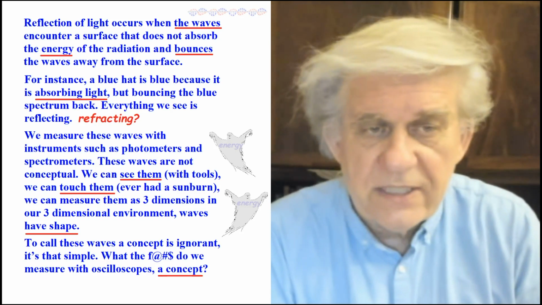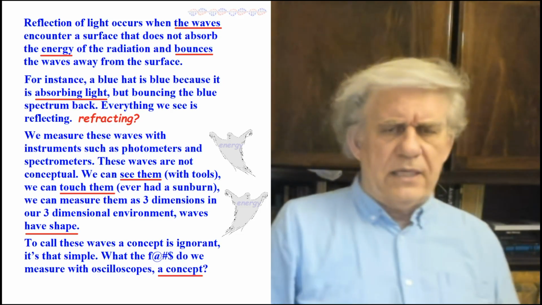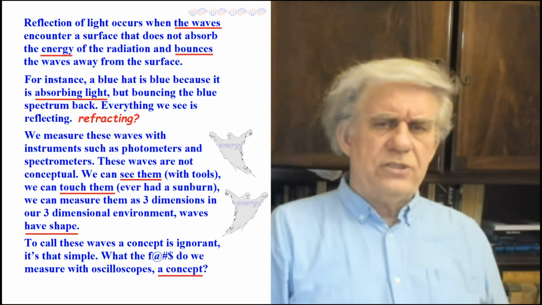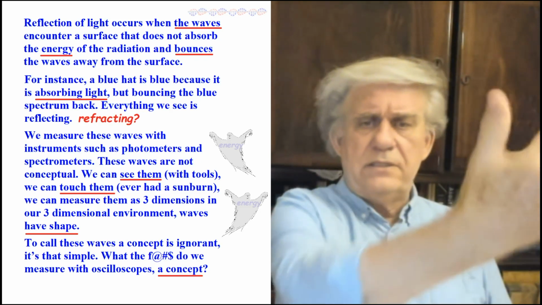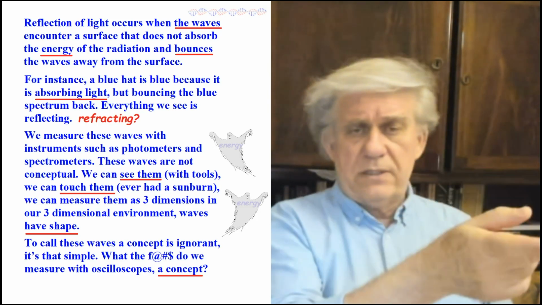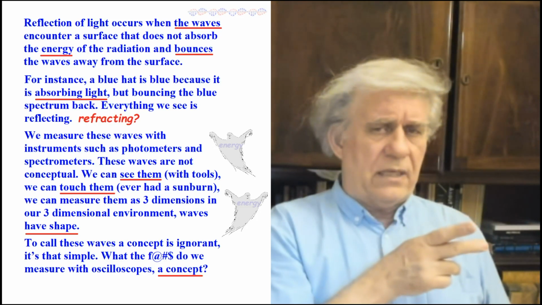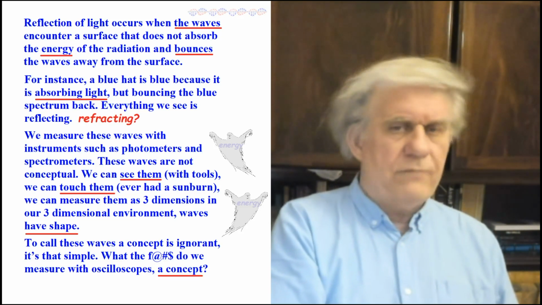Okay, everything we see is reflecting. Well, how about refracting? If everything is reflecting, I stand behind a glass, and reflection would be the guy on the other side, right? So he's being reflected in the mirror, in the glass, but I see him through the glass, so I think that's refracting. So everything is not reflecting. There we have reflecting and we have refracting.